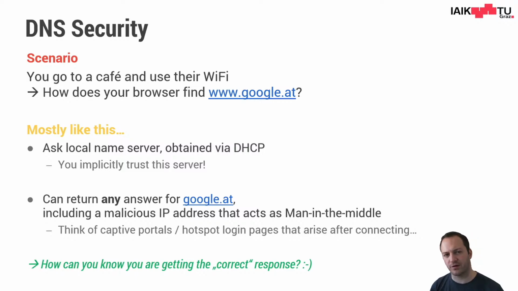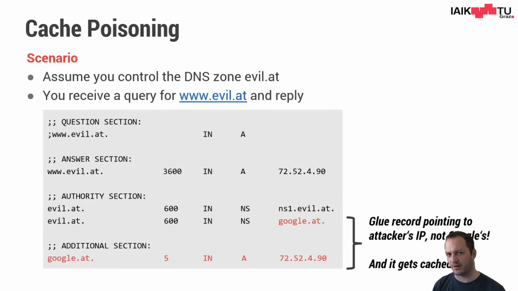So how can you know you get the right response? And in fact, for an attacker, it's easy to trick someone into using the wrong IP address for a certain domain. This is then called cache poisoning.